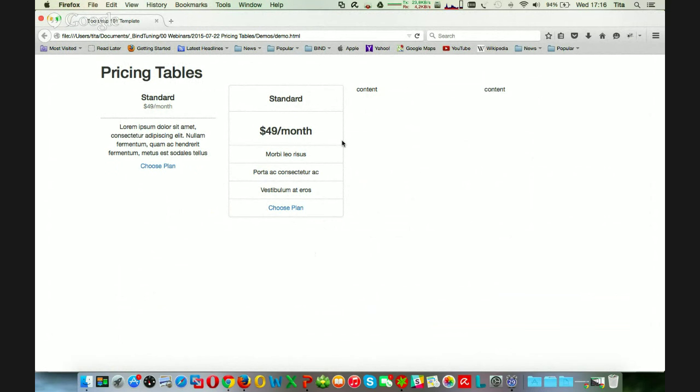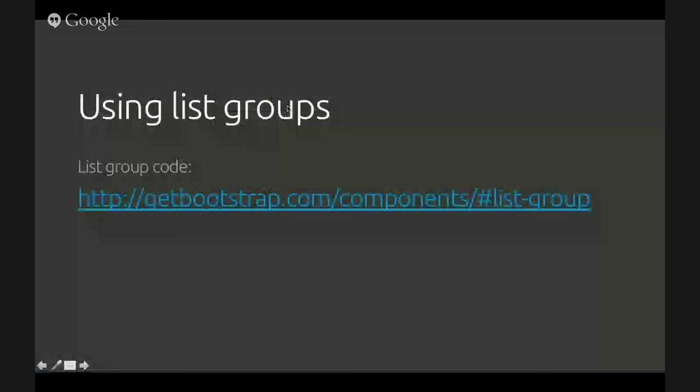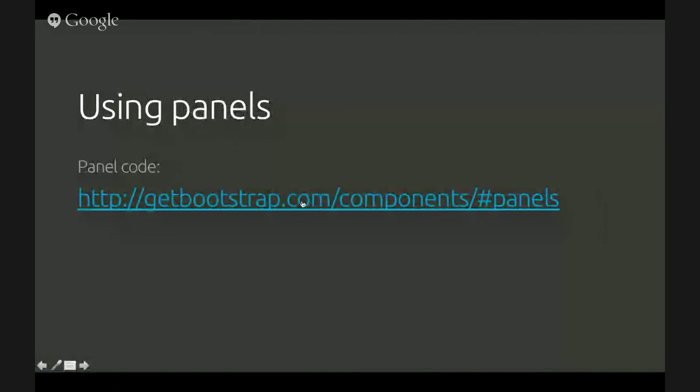So we have a table, we have a list group, and now I want to show you how to create a basic table element using another Bootstrap component, which is called the panel. So let's move on to the panel.